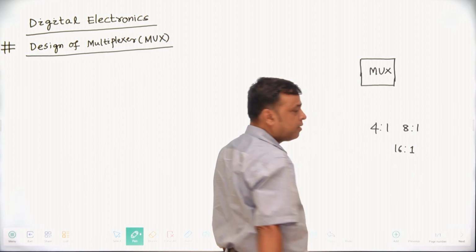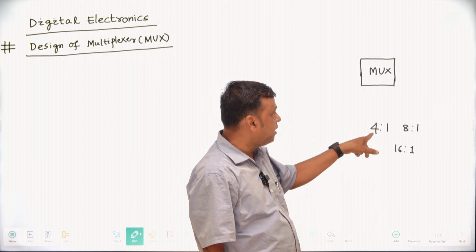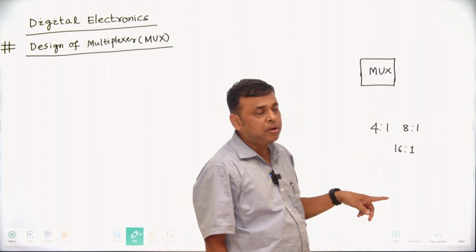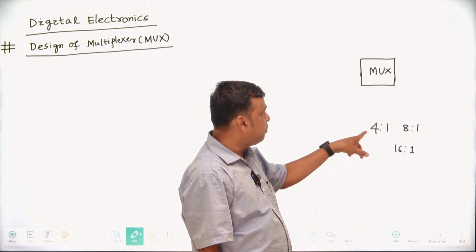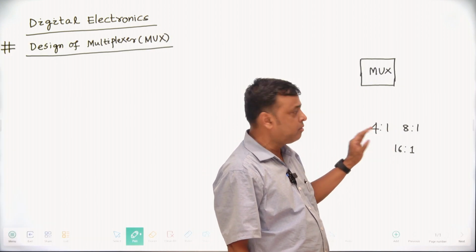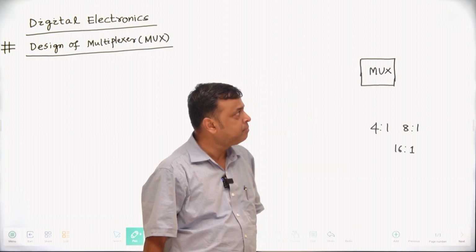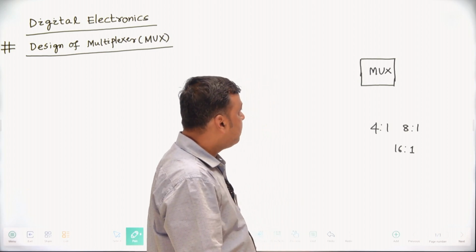What does it mean? 4:1 means the number of input signals to the MUX is 4, and 1 means it will give only one output. So it will convert many into 1. The alternative name of the multiplexer is many into 1.